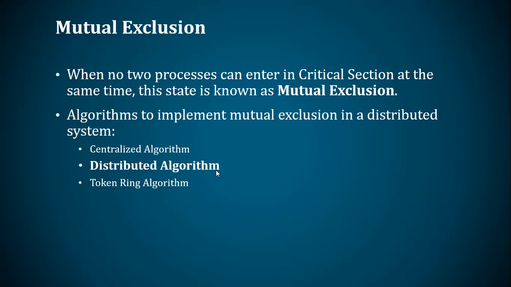In the third case, if the receiver also wants to enter the same critical section, it compares the timestamp of the incoming message with the timestamp in the message it has sent out. The lowest timestamp wins. If its own message has a lower timestamp, it does not reply and queues the request from the sending process.